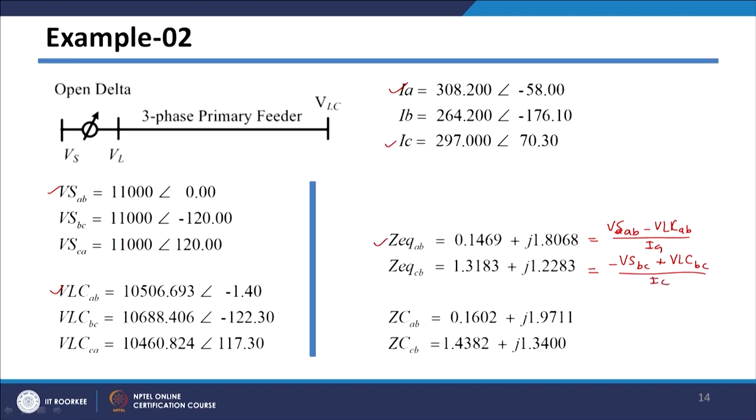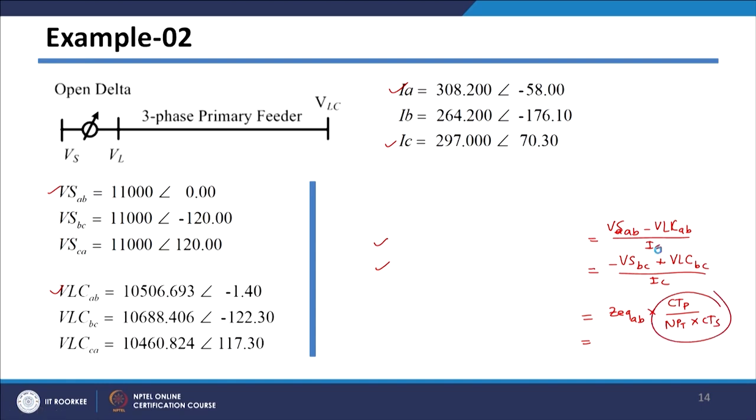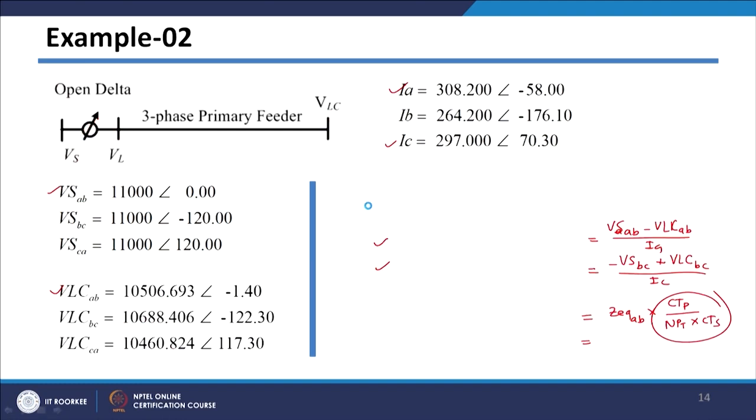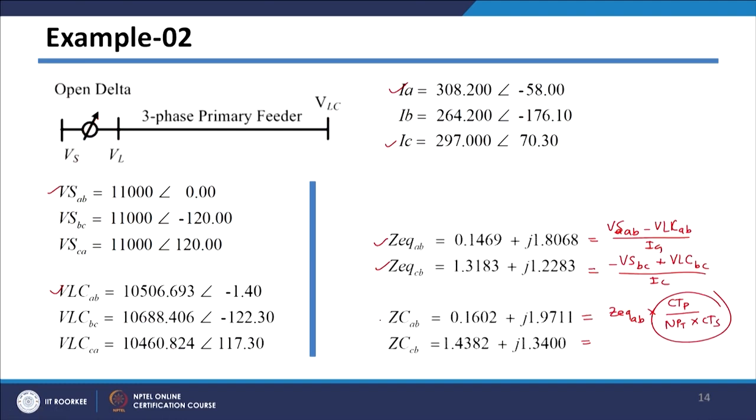So these two quantities I got by doing this operation, and as we have seen, settings are obtained by Z equivalent AB multiplied by your CTP divided by NPT multiplied by your CTS. All these things I just explained in the last slide, and all these quantities are given here, so we can calculate ZCAB.